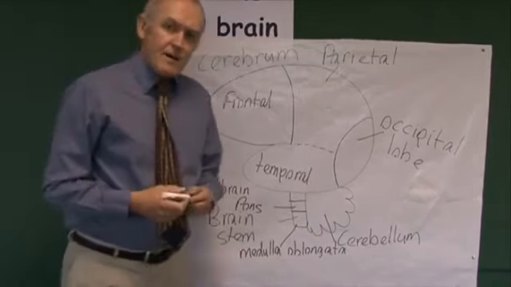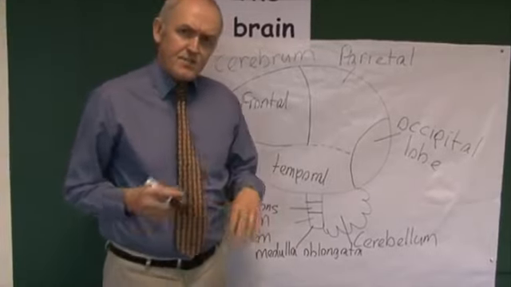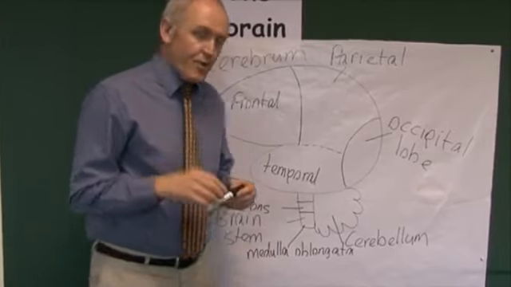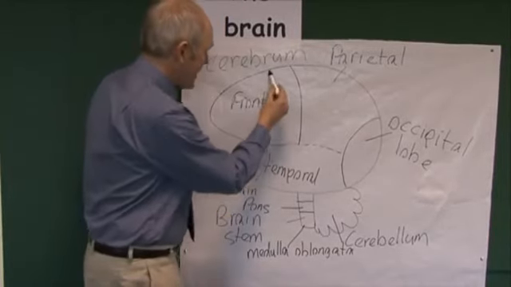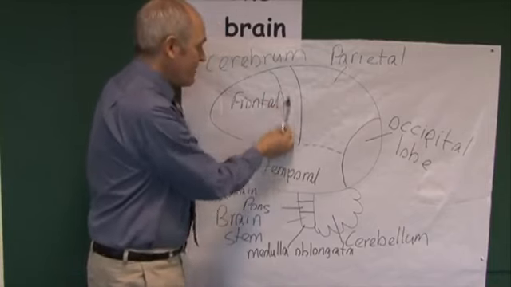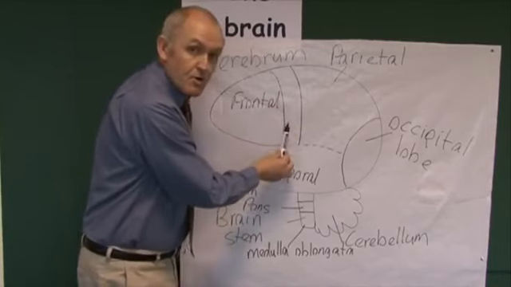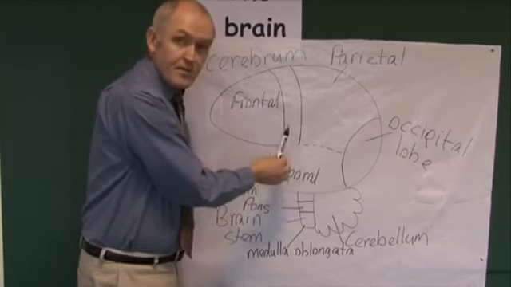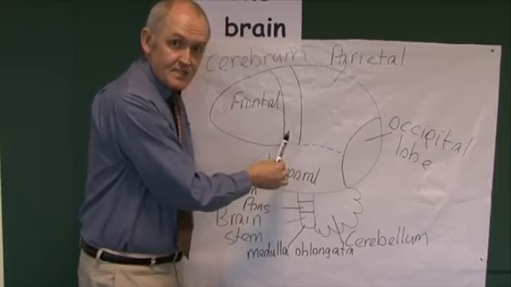Now, the interesting thing about the brain is that certain parts of the cerebrum have specialised functions. So, for example, just here, in this area of the frontal lobe, we have an area of brain called the motor cortex. And this is where all of the movement of the body originates.